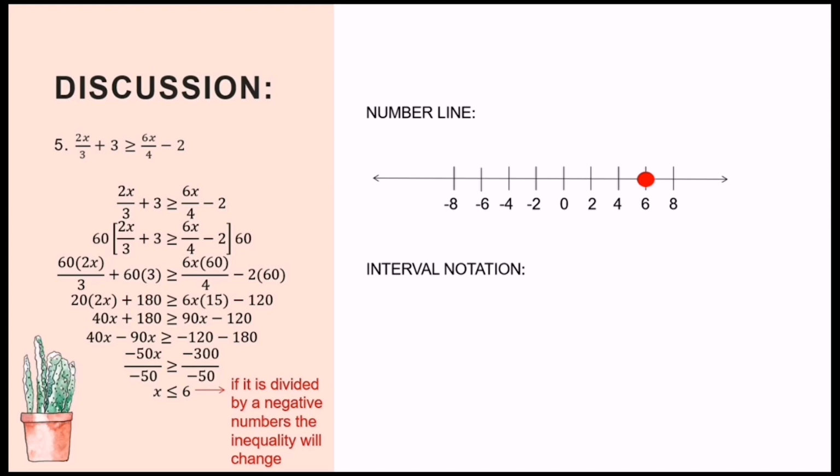And the arrow must be going to the left because the inequality says that x must be less than 6. And those numbers go to negative infinity. So our interval notation now is parenthesis, negative infinity, and 6, which is bracket, because 6 is part of the solution, or 6 is included in the solution.